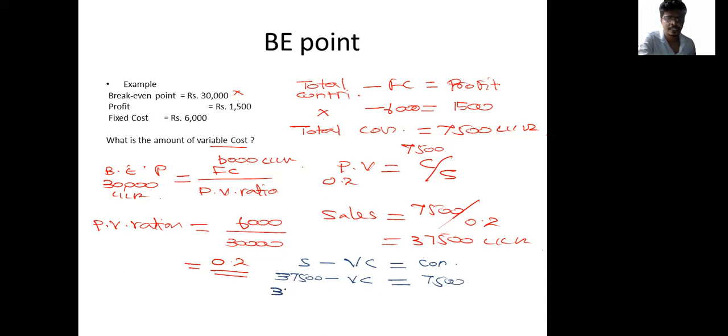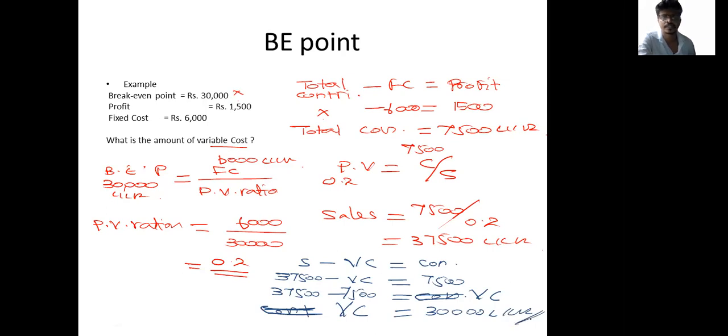So 37,500 minus 7,500 equals, not the contribution, variable cost. That means variable cost equals 30,000. Did I go wrong somewhere? Since I am working this out as I go, I may have made a mistake, so you check. Okay, I think this is the answer.